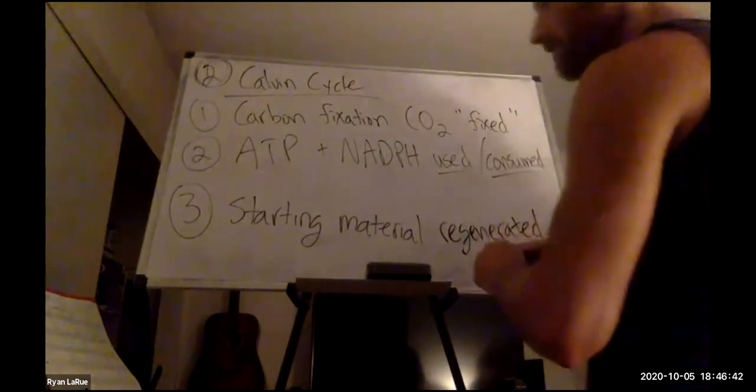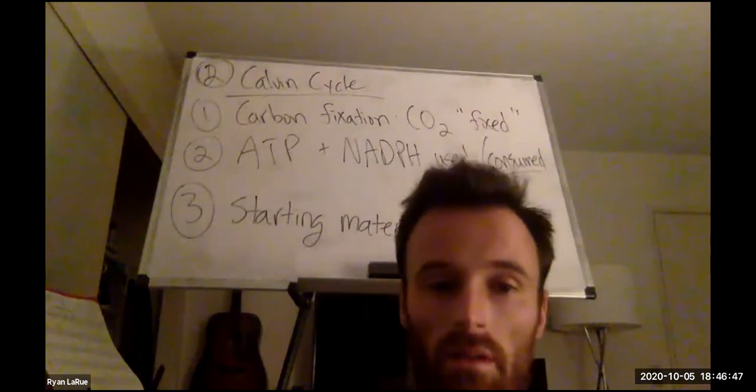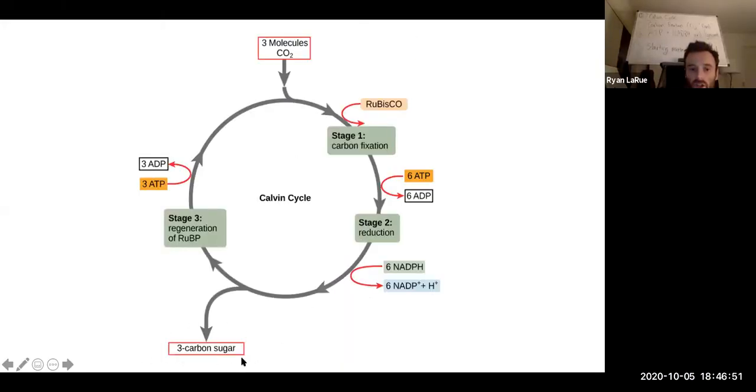But then, of course, what's the goal here? It's to produce our sugar. Photosynthesis is producing this sugar here. So stage 3 is regenerating this RuBP, which is the starting reactant of our cycle.